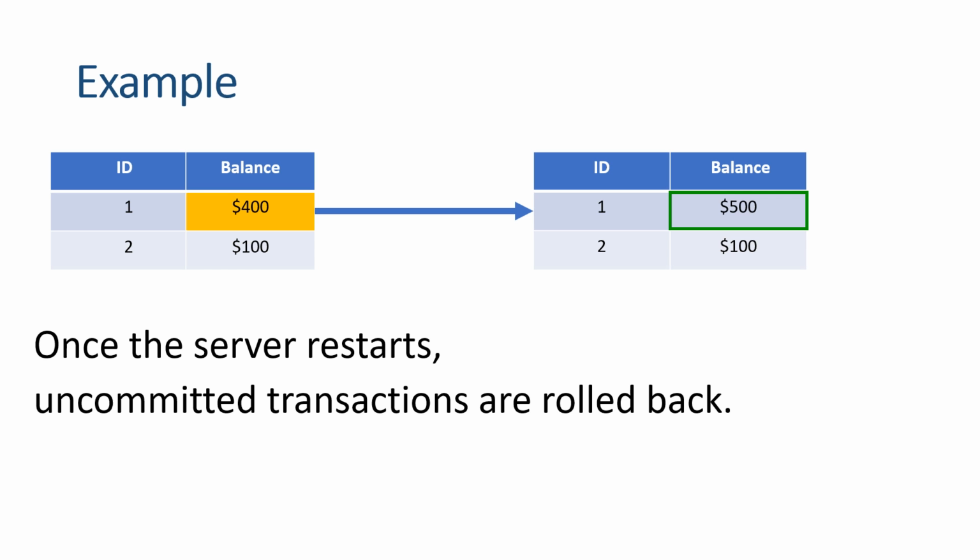The isolation part is also ensured. Did you observe that when SQL Server deducted $100 from my balance, the first operation inside the transaction, none of the other transactions were interfering with my transaction? So isolation is also ensured. The durability part is also ensured. I do not lose my money.